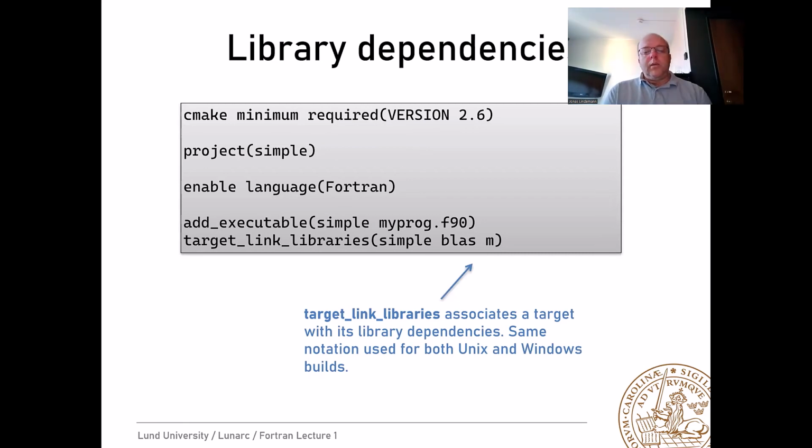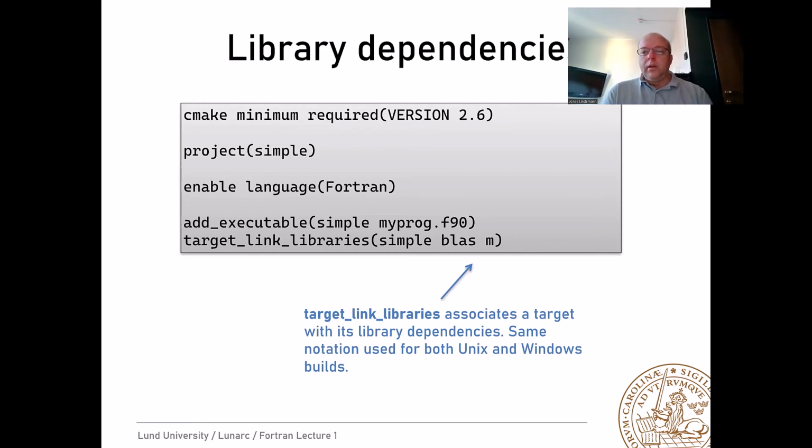In many cases, you need to add libraries that your project depends upon, and you do that by using target_link_libraries. So in this case, you specify that simple depends on the BLAS library and the M library, the math library. CMake tries to be platform neutral. On Windows, BLAS will be blas.lib.